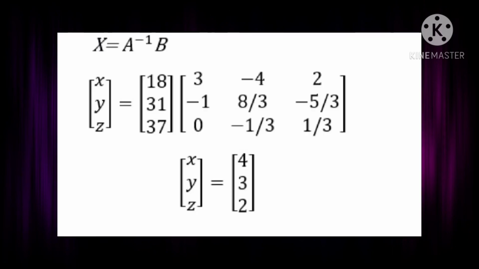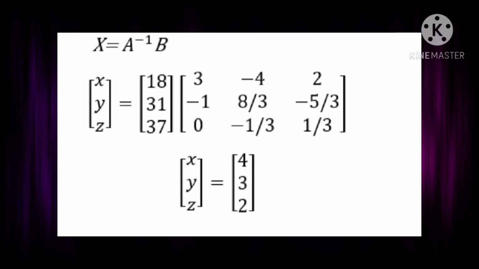And finally, we can get x equals inverse of A multiplied with B. So the inverse of A, we will multiply with B from the equation that we already did in the first step.